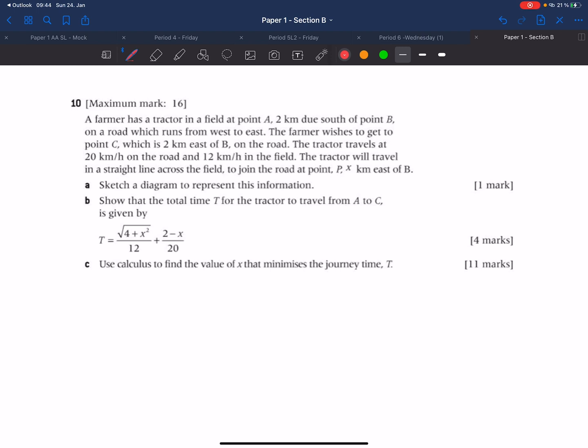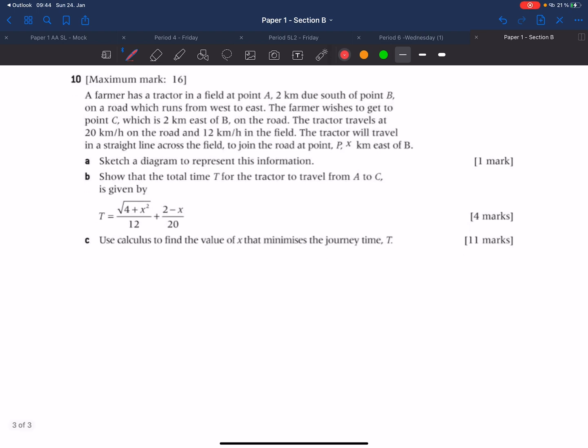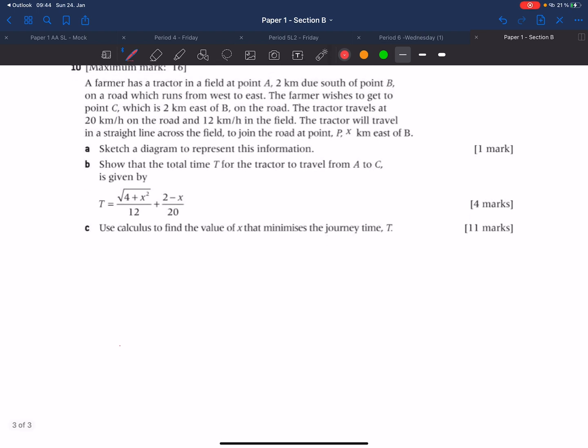So, a farmer has a tractor in a field at point A. Let me start drawing this out. So here's point A, and it is 2 kilometers due south of point B. So B is 2 kilometers north of A, and that distance there.